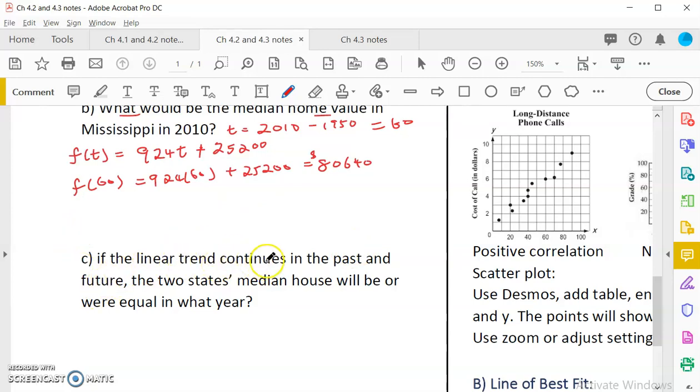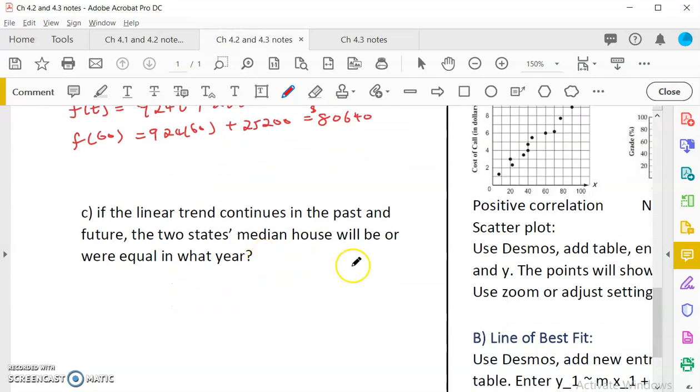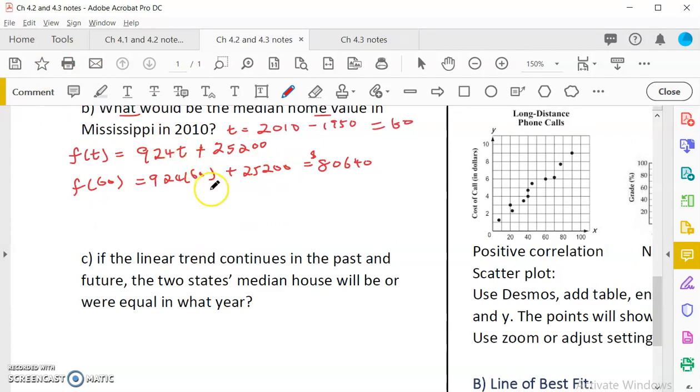Part C: if the linear trend continues in the past and the future, that means it's always continuous linear, then the two states' incomes, when are they equal? So now I have the function for Mississippi: f of t equals 924t plus 25,200.